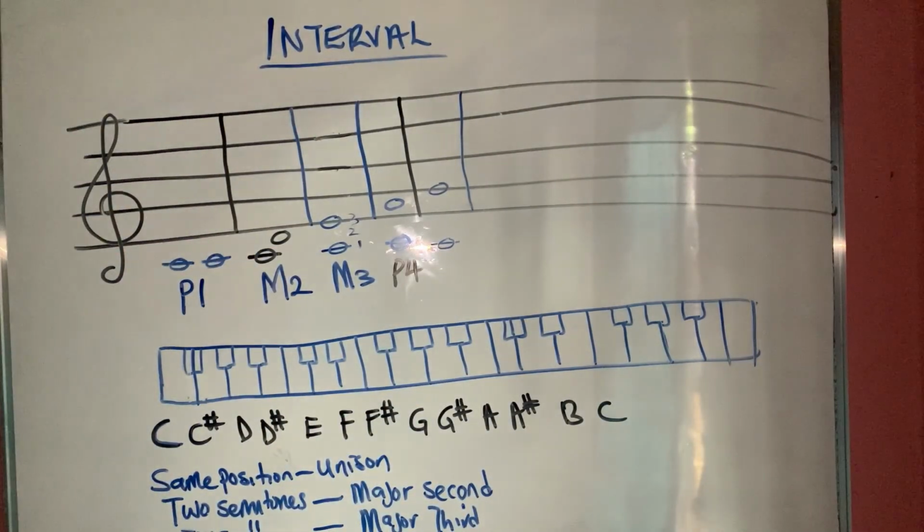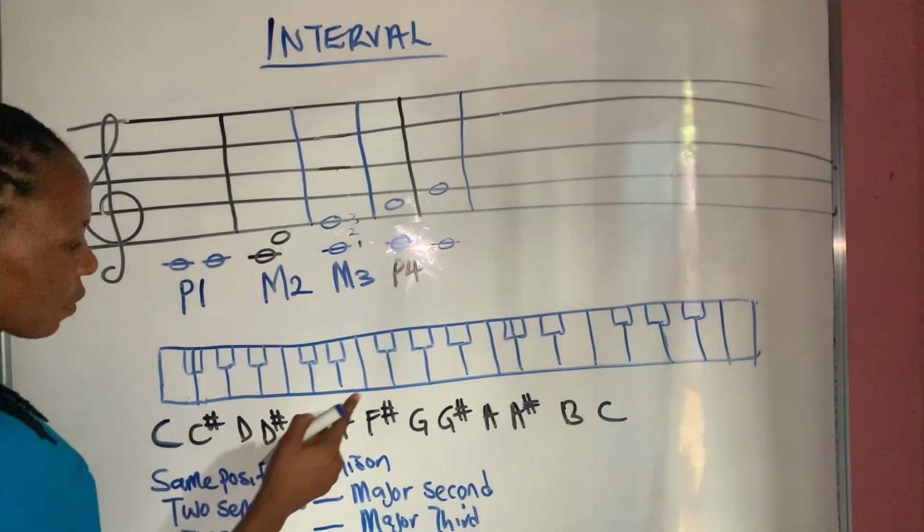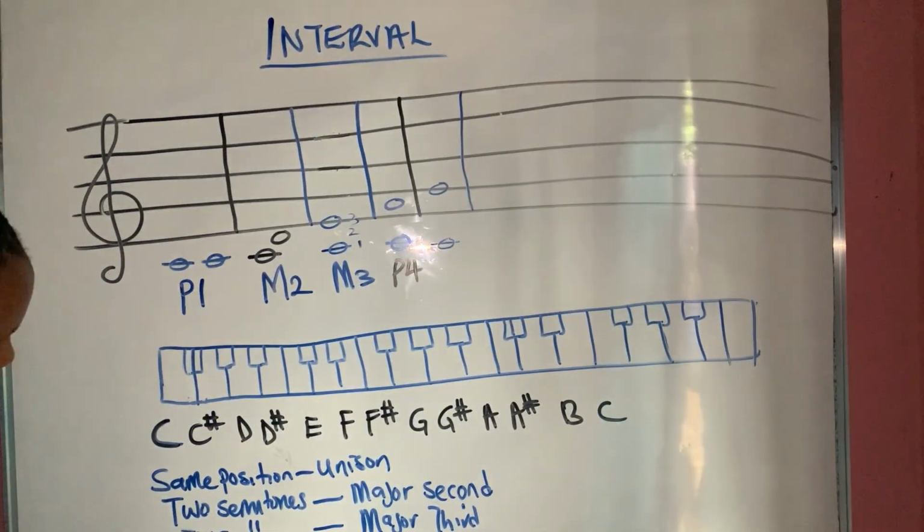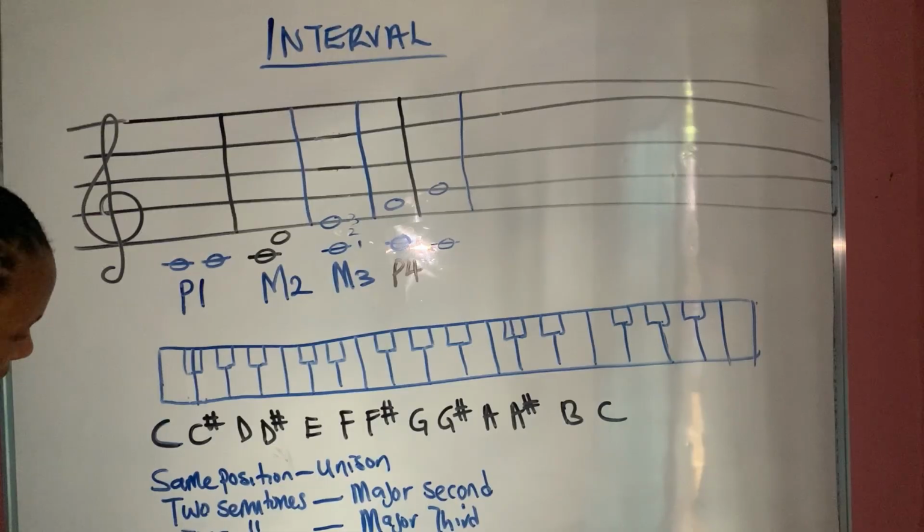Now what type of fifth? Let's see. 1, 2, 3, 4, 5, 6, 7 semitones are involved. So when we have 7, can you see up to this point?